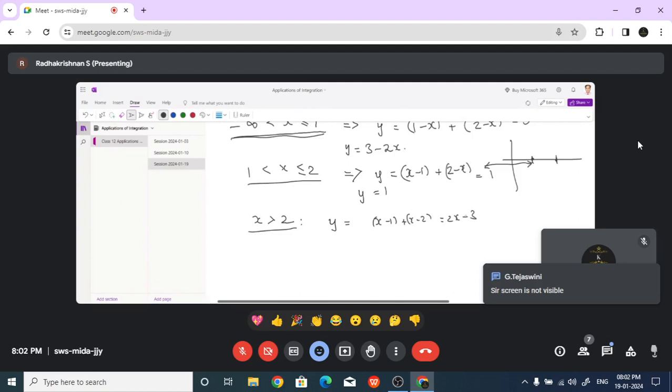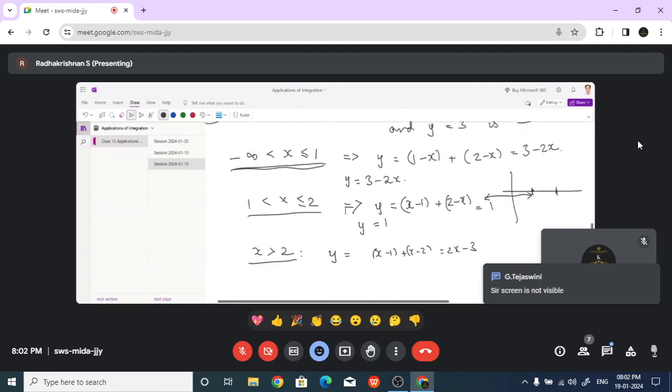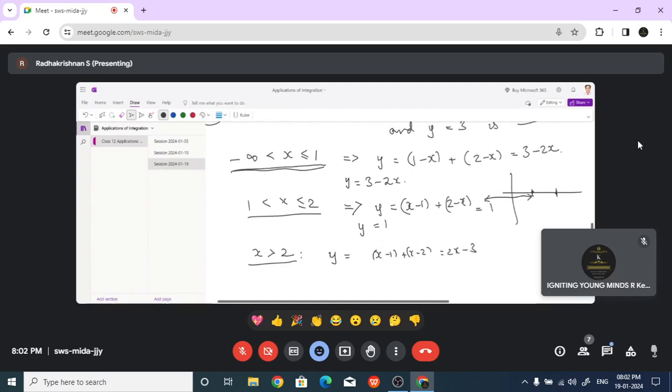Right. Now you draw these 3 graphs, and then you'll get a shape. This is not at all an integration problem. Okay, you draw this and you'll get a shape, and you get the coordinates of those. You'll get a shape. That area you can easily determine.